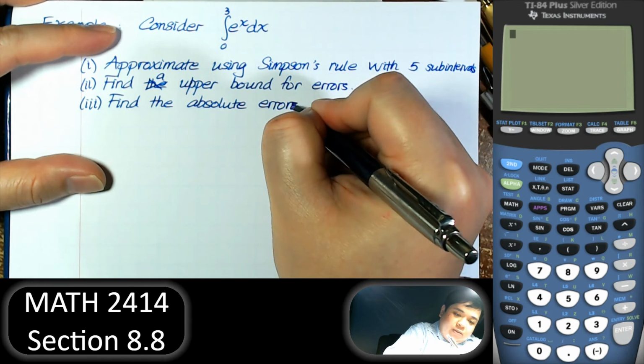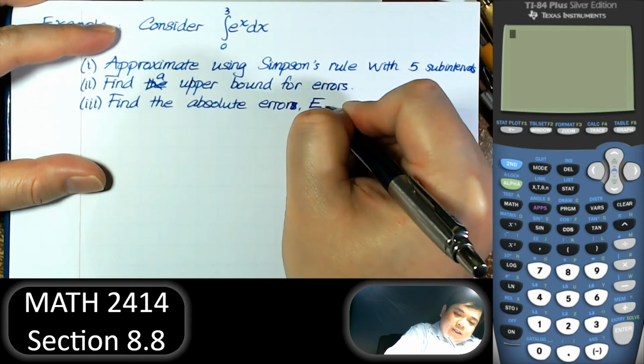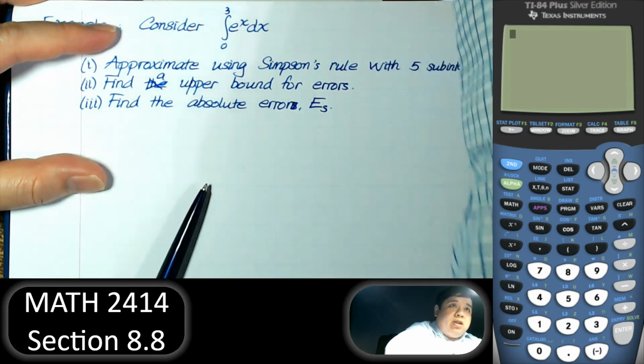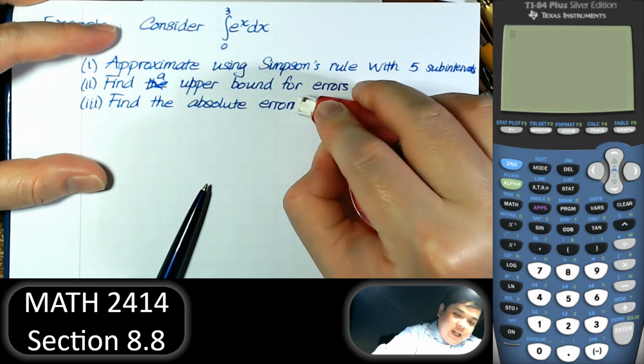That is one of them. Right. So the absolute error is E_S.